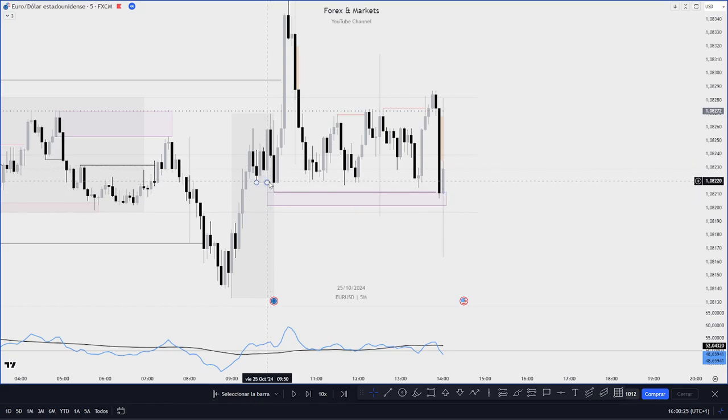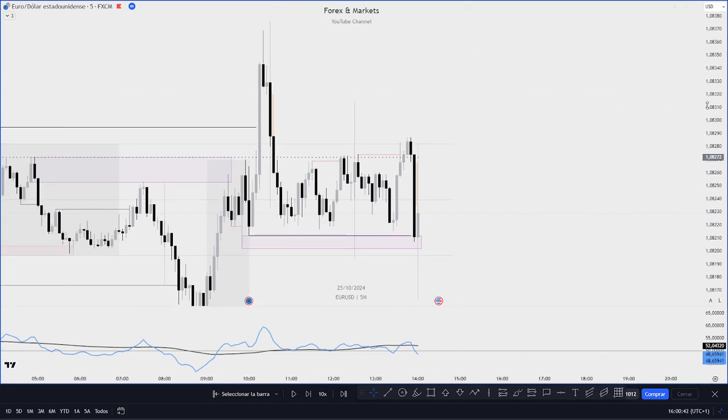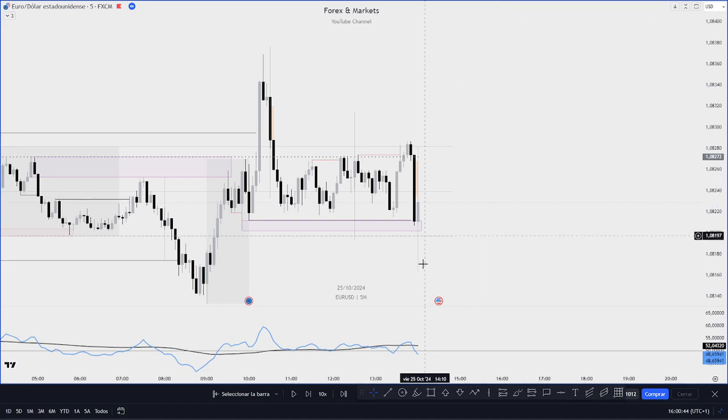the sentiment of the market when the price retests this POI that led to this push to the downside, and now it can be used to take another trade, in this case, of course, to the high side.